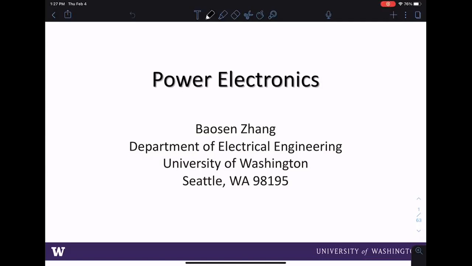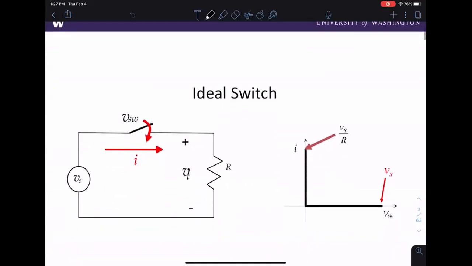Looking at power electronics, the most basic component for us is a switch. The most basic component is this ideal switch. If it's closed, it acts like a wire. If it's open, it acts like an open circuit. So it can be on and off.